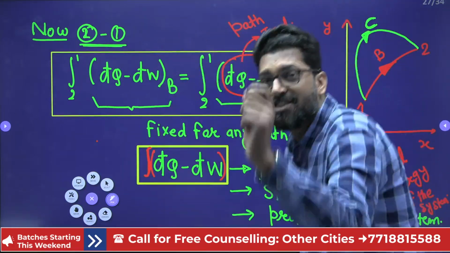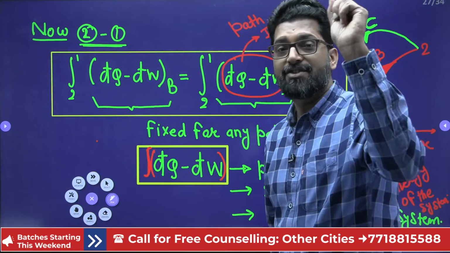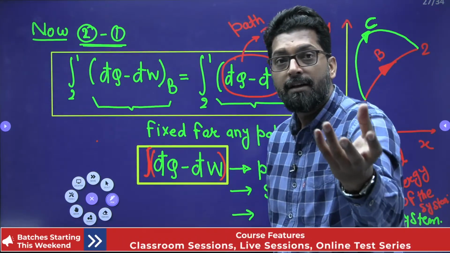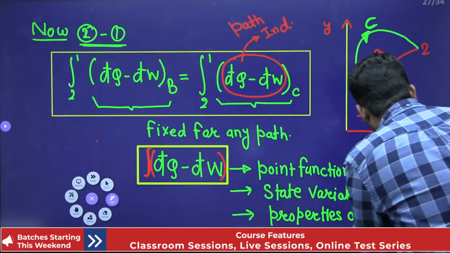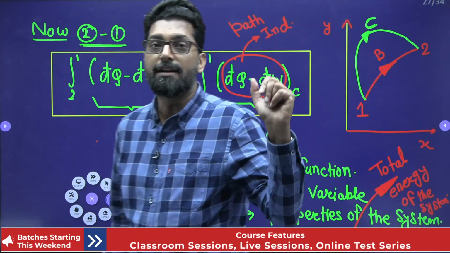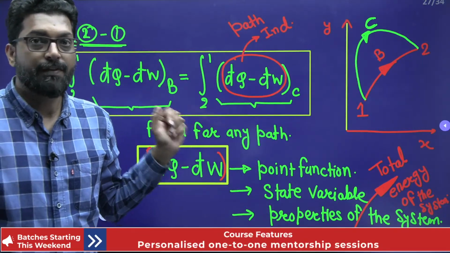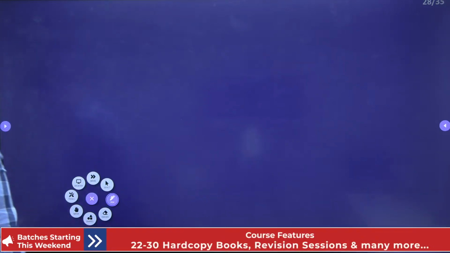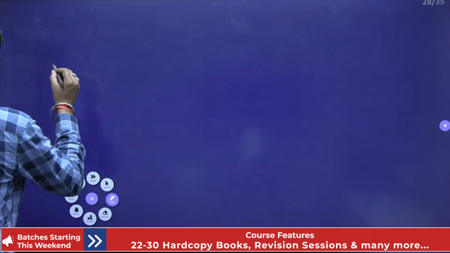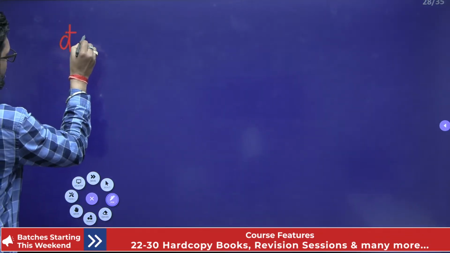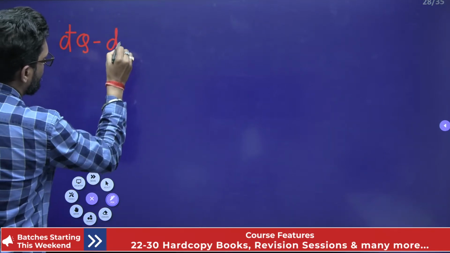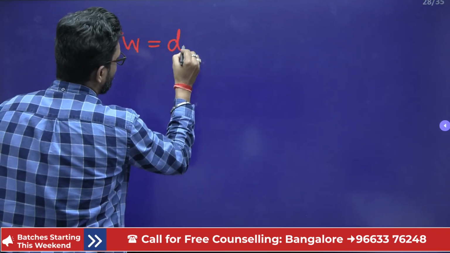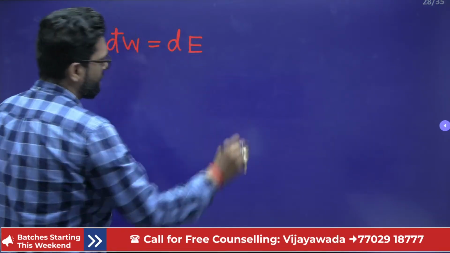And if the system is simple compressible and stationary, that means this total energy of the system is equal to the internal energy of the system. That means we can write here dq minus dw is equal to dE. This is very important.